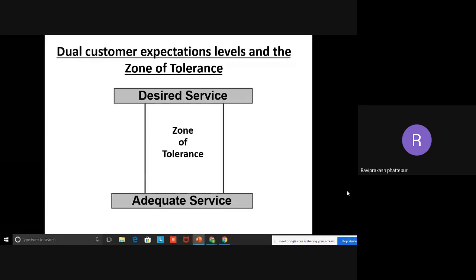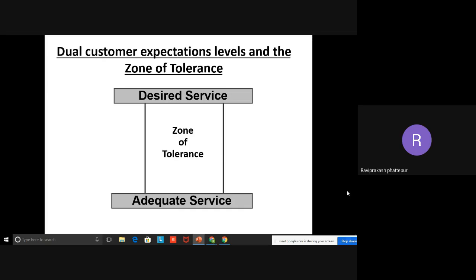So here customers typically hold similar desired expectations across categories of service, but these categories are not so broad as whole industries. So here I'll give you an example. Among subcategories of restaurants, here we are giving you an example of restaurant. Okay, here subcategories of restaurants are expensive restaurants, ethnic restaurants, fast food restaurants, and airport restaurants.